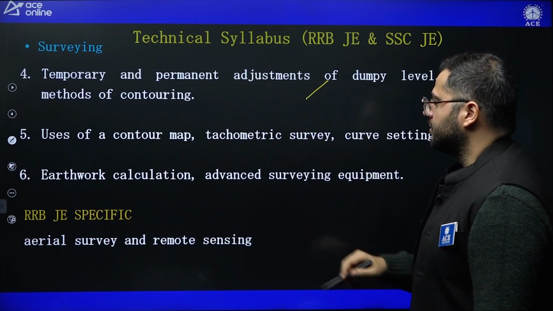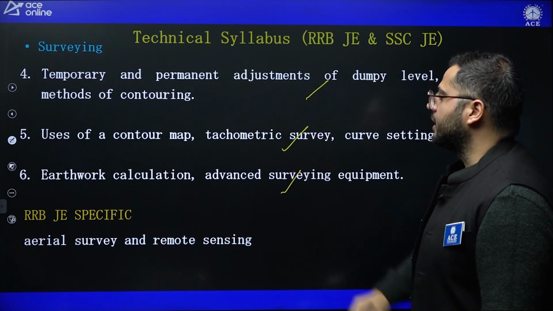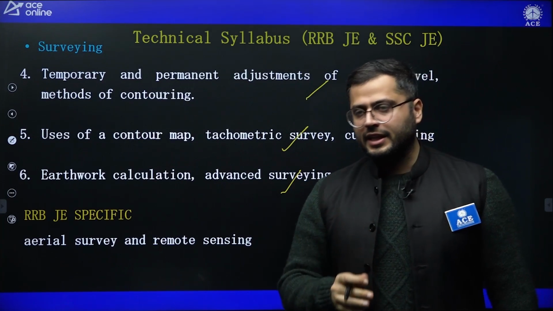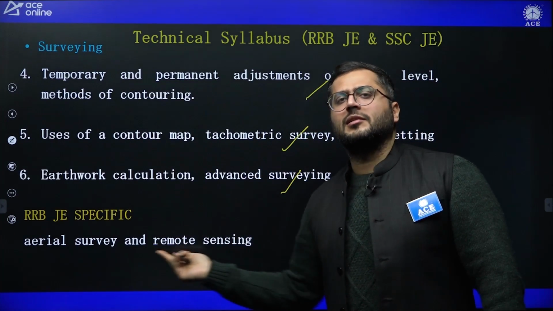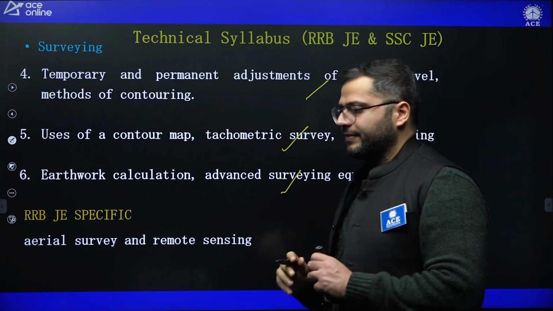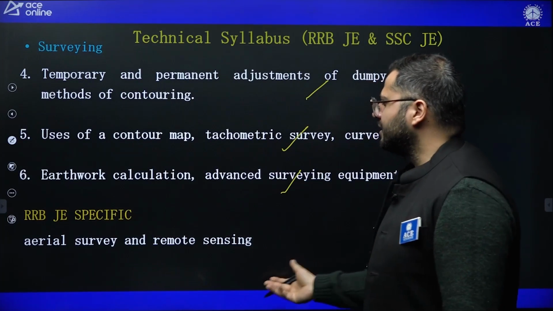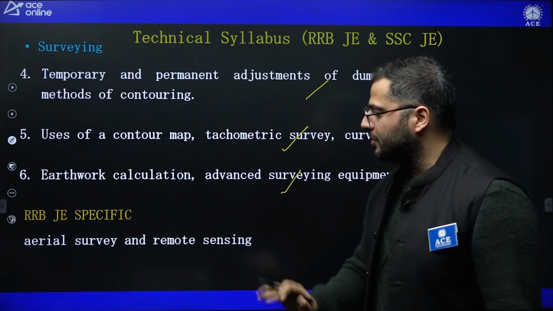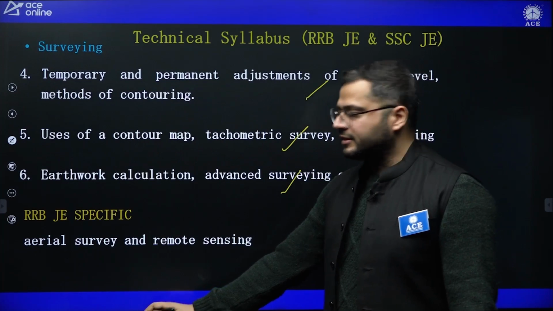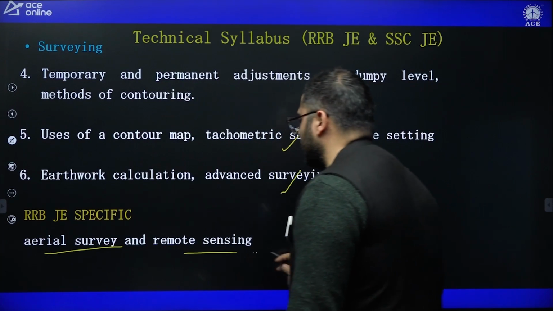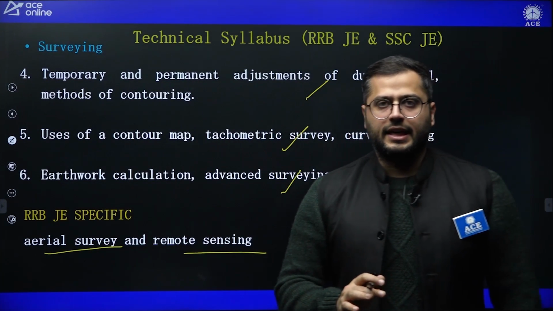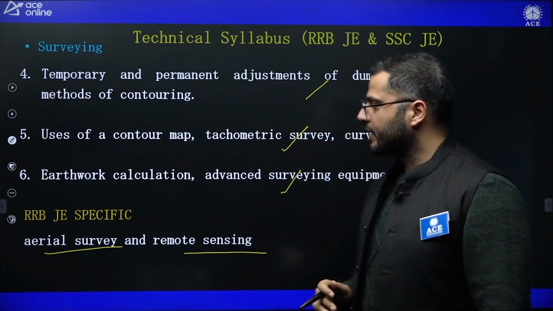Temporary and permanent adjustments, contouring and earthwork calculations. For RRB JE, these two topics are separately mentioned, but again, some portion is required to be covered for SSC JE also, but it is separately mentioned in the RRB JE syllabus. Aerial survey and remote sensing are to be covered in RRB JE separately.